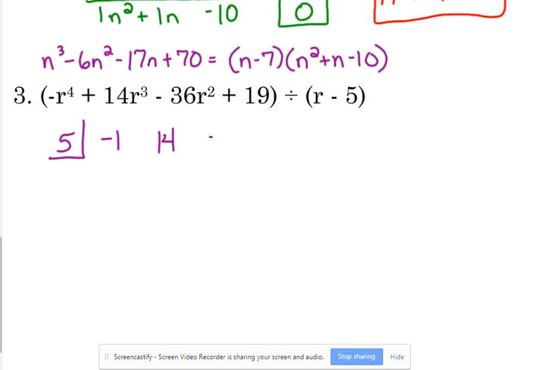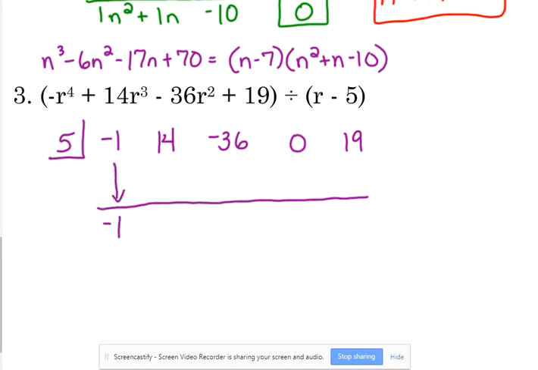Cubed is 14, squared is negative 36. I'm missing r. You have to put 0 between the negative 36 and the 19. If you do not put 0 right there, you will not get the correct answer. It'll be close, but it won't be the correct answer. So you have to be careful. Don't try and do these too fast.